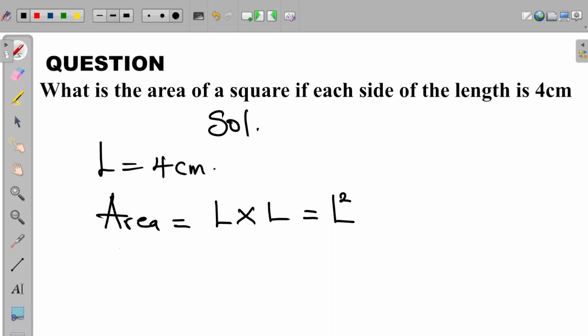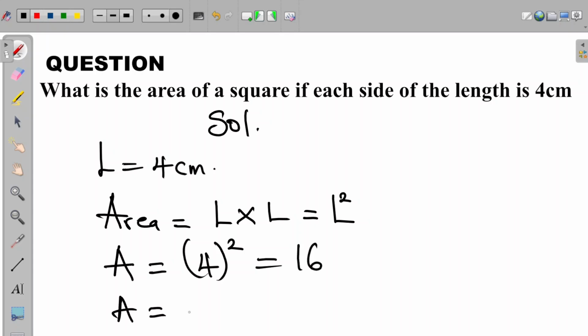So therefore, area A is equal to 4 squared, and 4 squared is 16. So therefore, area is equal to 16 cm squared in square units. So therefore, 16 cm squared is the area of a square having each side of length 4 cm.